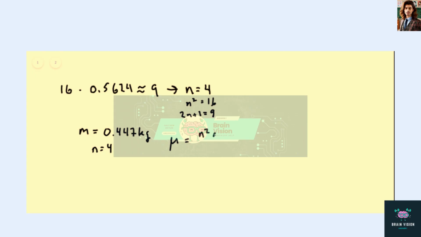So it's n squared gm over 4L squared f squared. And so we get that the linear density of our string is 0.845 grams per meter.